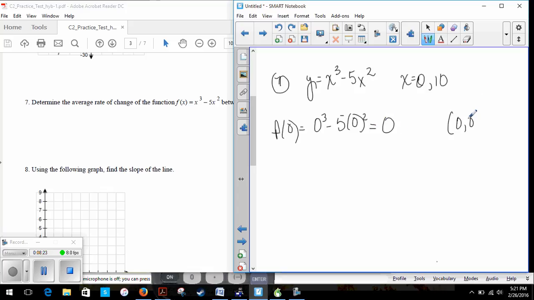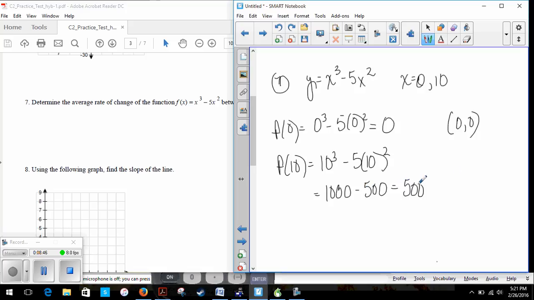And so I have the point (0, 0). When I plug in a 10, I'm going to get a bigger number. 10 cubed minus 5 times 10 squared. 10 cubed is 1,000. 10 squared is 100, times a 5 is 500. So 1,000 minus 500 is 500. The other point on the line is (10, 500).